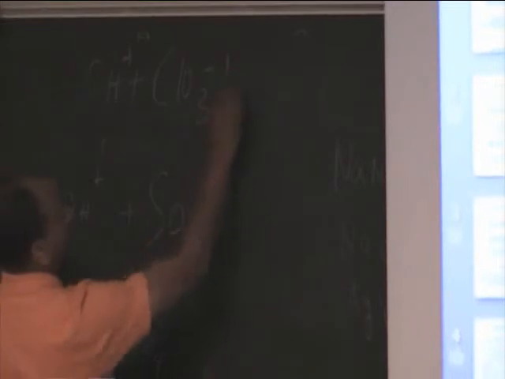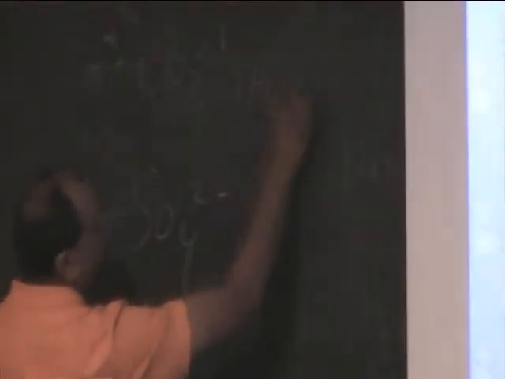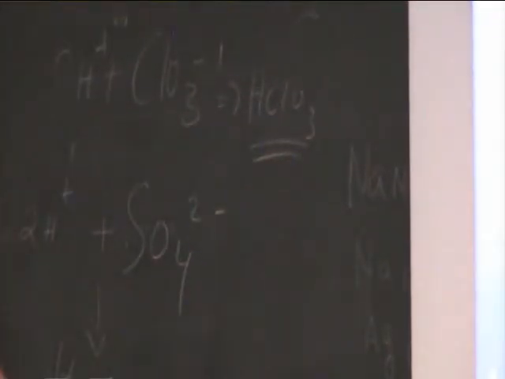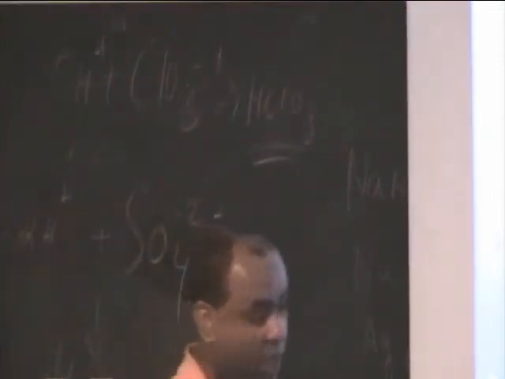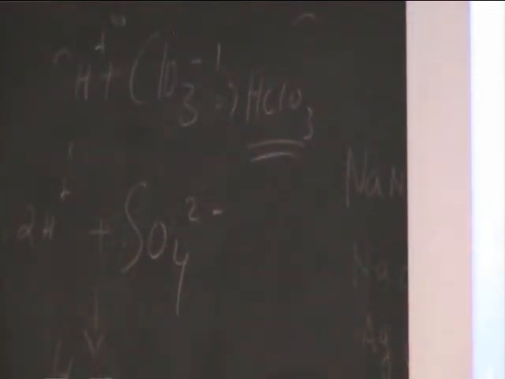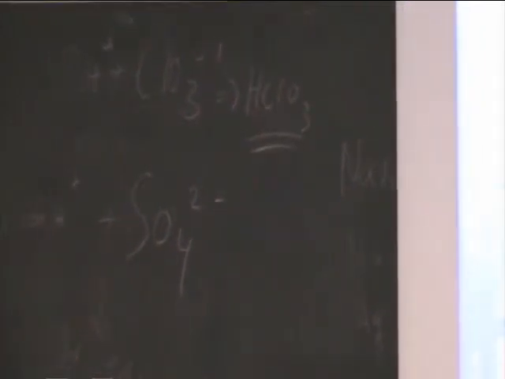Why do I have to add 1 hydrogen ion? Because the net charge is to cancel this, right? So 1 plus and 1 minus gives me 0. It's going to be HClO3. So it is an acid, right? What kind of acid is it? Chloric acid.